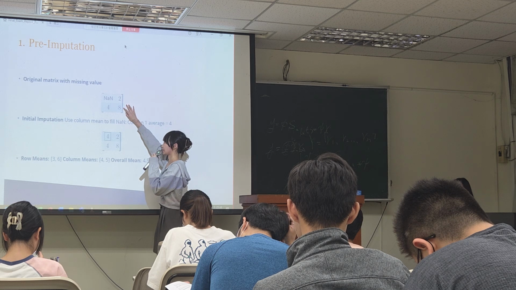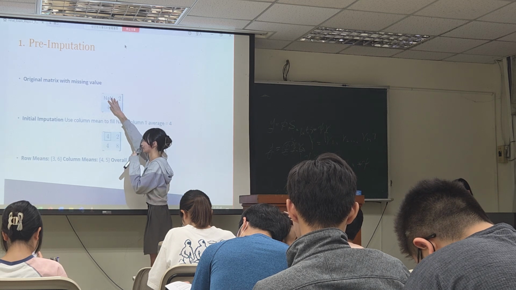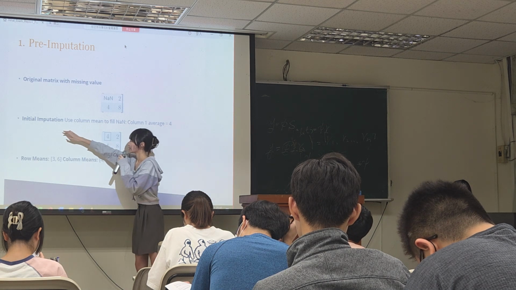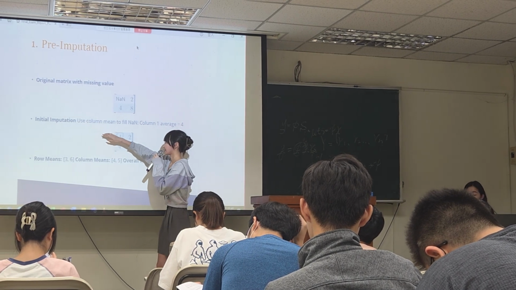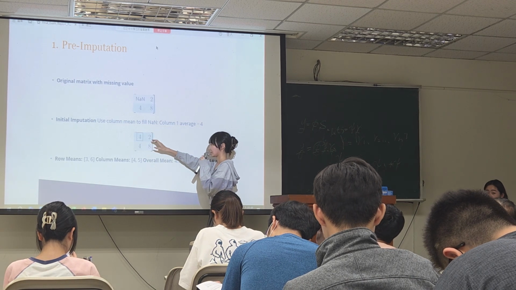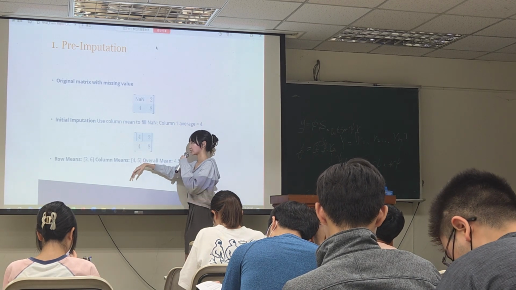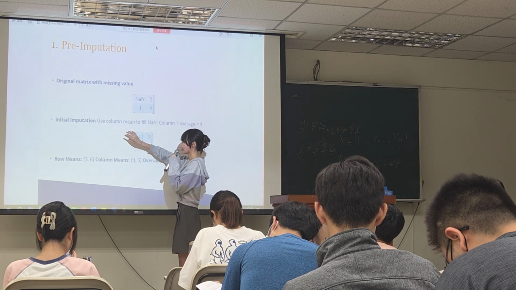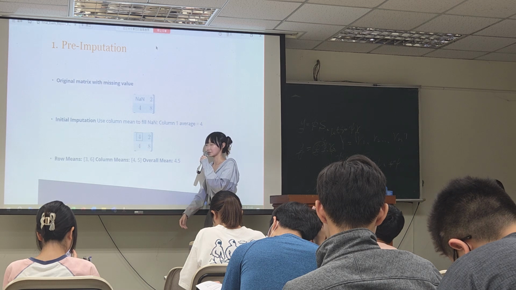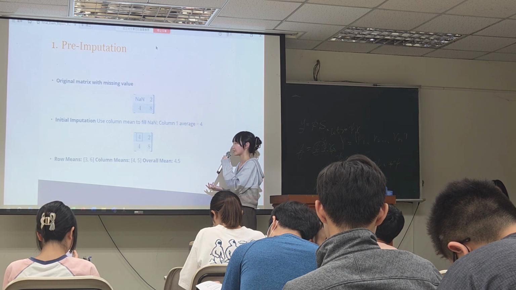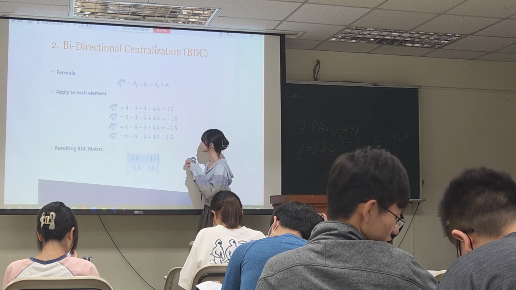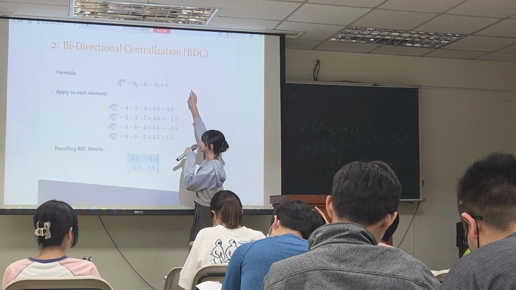And we have this matrix, and the missing values are here. Then we use initial imputation. This example uses column min, but in practice we use cubic spline to do initial imputation, because cubic spline is smoother and can give smoother values.